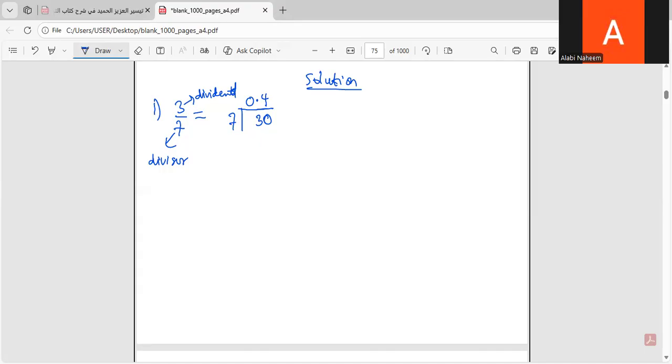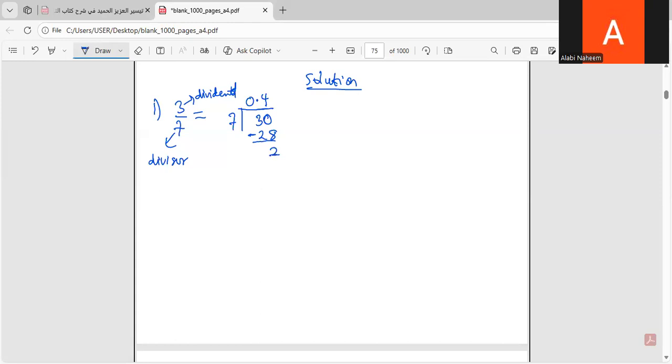We use the largest multiple of the divisor before the dividend, so we have 28 before 30. 7 times 4 is 28. You subtract. 30 minus 28 is 2.